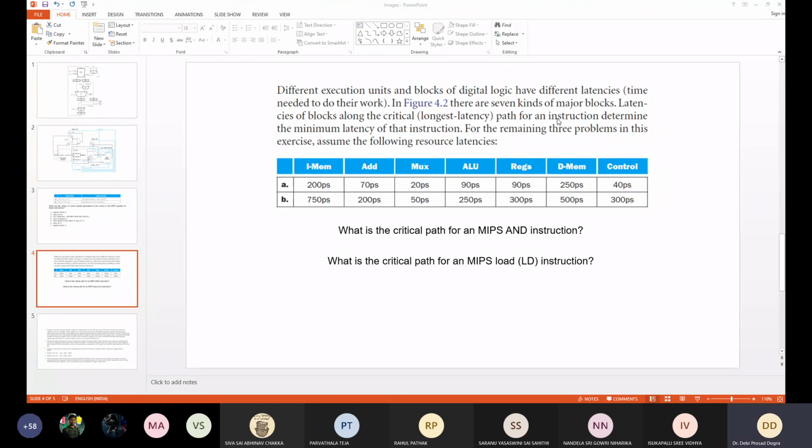Vikas 36. Present, sir. Vamsi 37. 38 Saket.